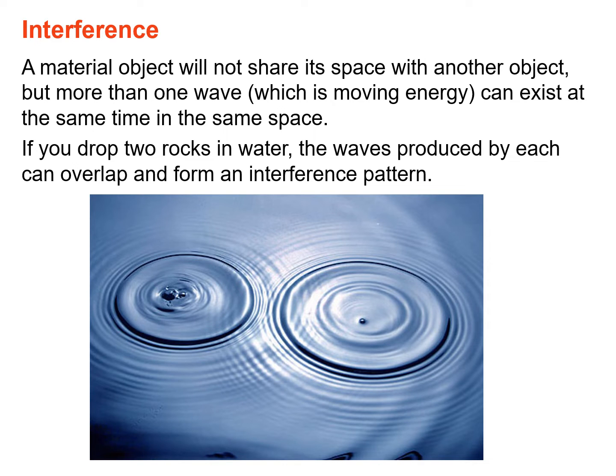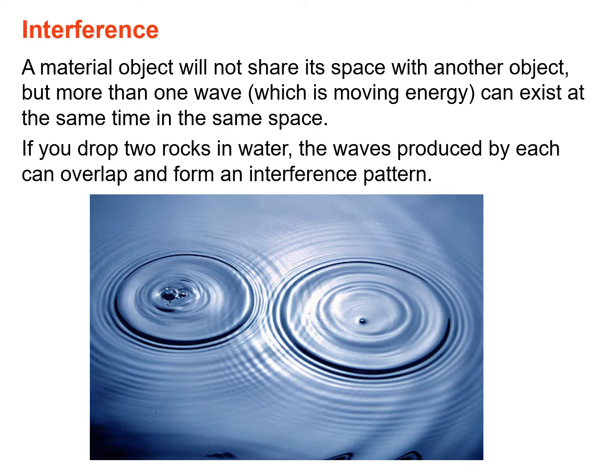Waves are a phenomenon that occur in materials or in the vacuum, but when they're in materials, what they actually are is disturbances or energy moving from one place to another. So while materials can't actually occupy the same space at the same time, energy certainly can.